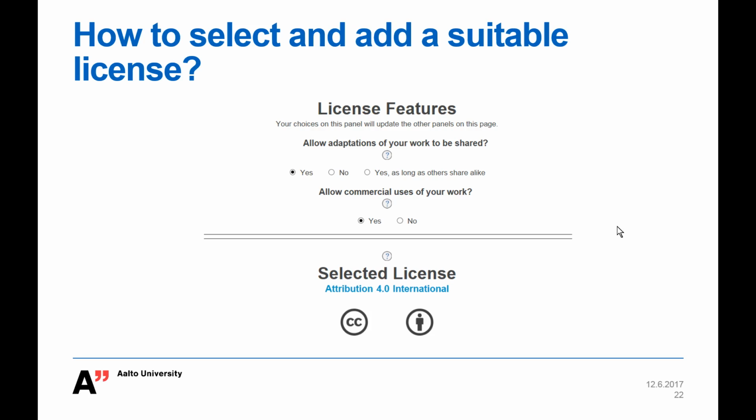So the attribution term is recommended, and further restrictions such as non-commercial, no derivatives, share-alike, are generally not recommended, but in some situations they can be good.